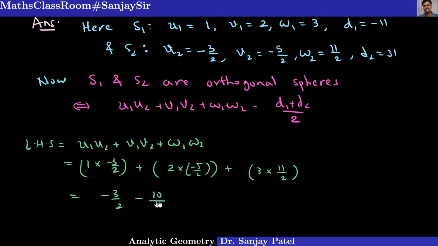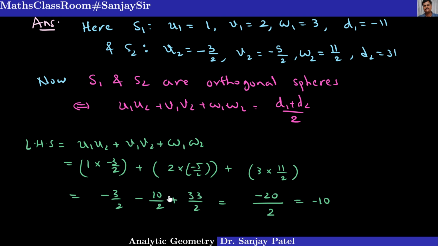Then let me write this as minus 10 by 2 only plus 33 by 2, so that all denominators are same and I can simplify easily. So 2 in the denominator, it's a common denominator. Minus 10 minus 3 is minus 13, and minus 13 plus 33 is 20. 20 by 2, so it is 10, I think. Yes.